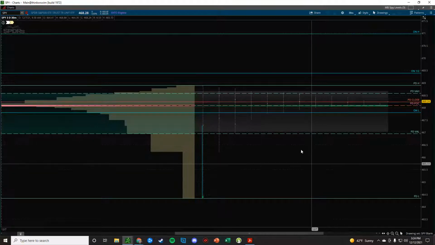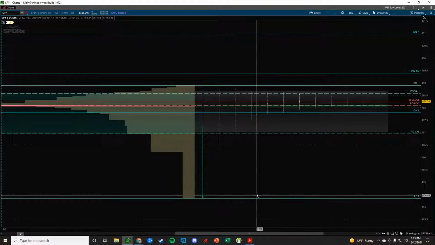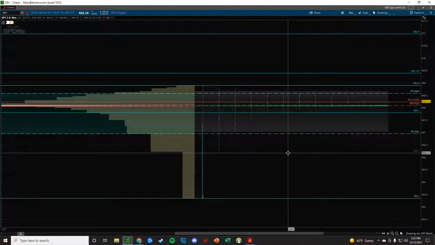So all you need to calculate is your previous day high, your previous day low, and your previous day close. And that's going to give you your pivot, your halfback, and all three of your resistance points and all three of your support points. We're going to go ahead and write these out real quick just so you can see how they work.